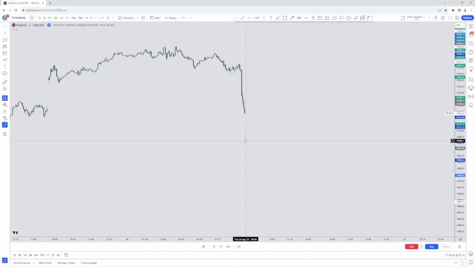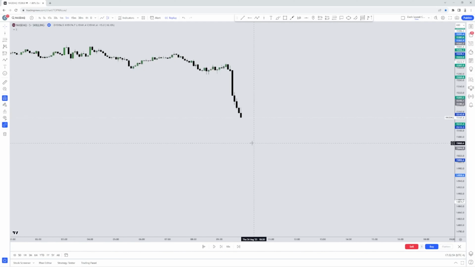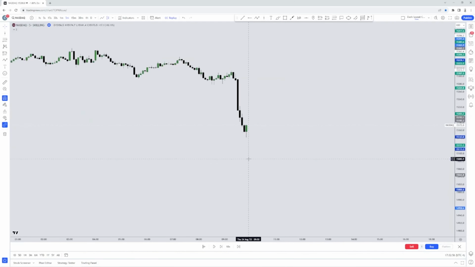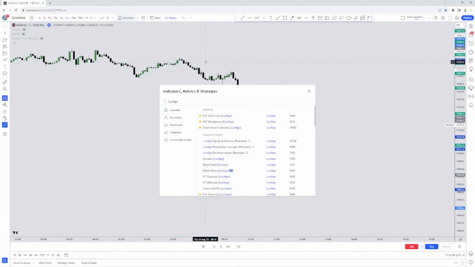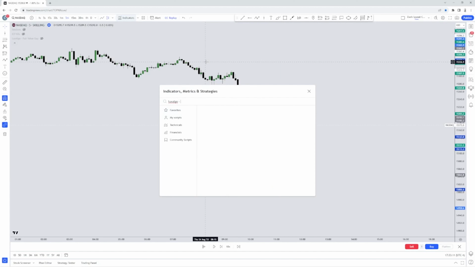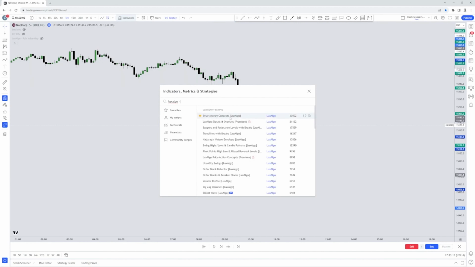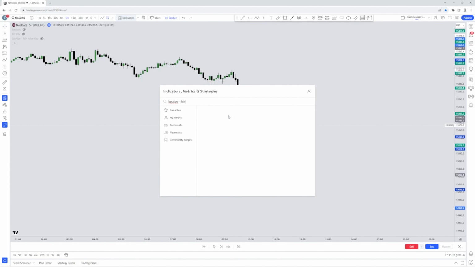So we will go ahead and zoom in, of course. One thing that I forgot, go ahead and include this algorithm for the fair value gaps. In order to find it, go to the indicators and type "looks algo", then a slash and a spacebar, this one right here, fair value gap looks algo.